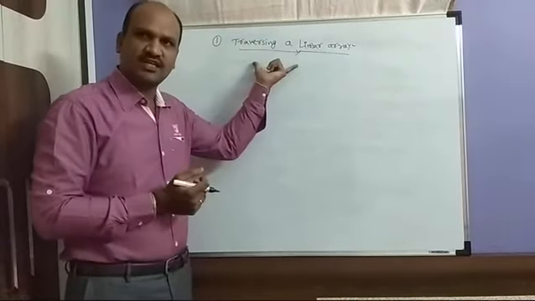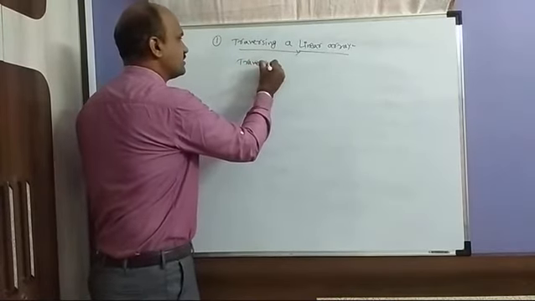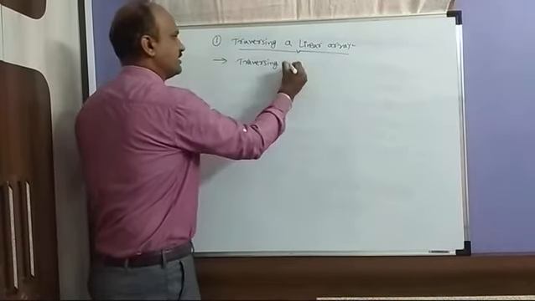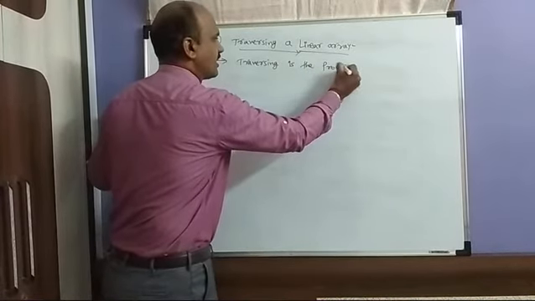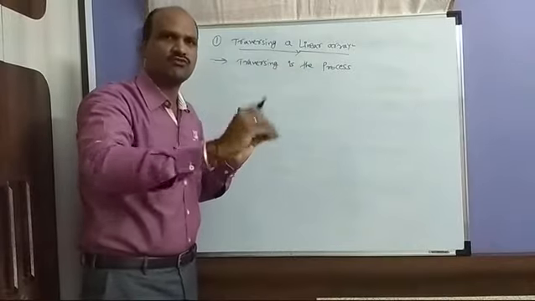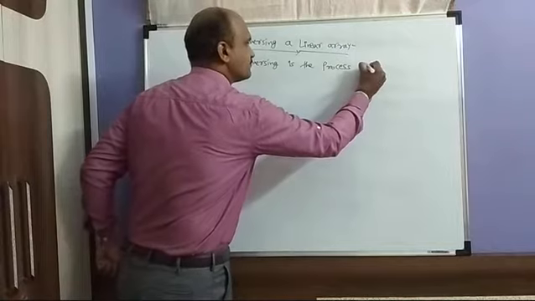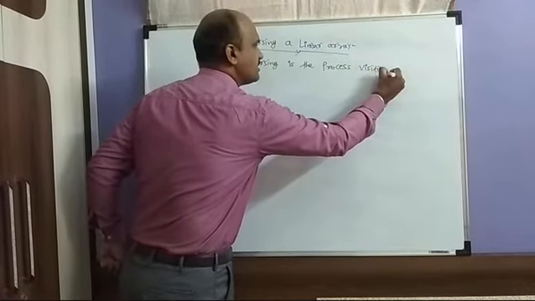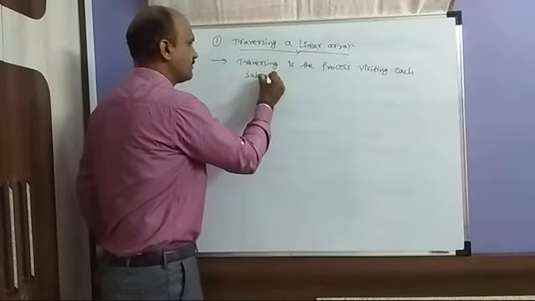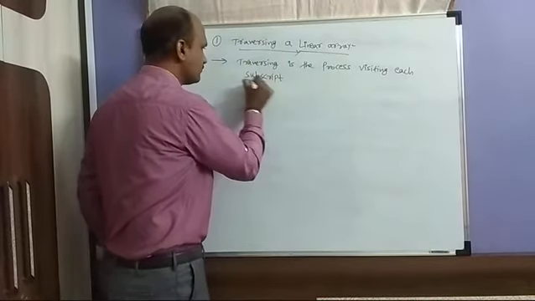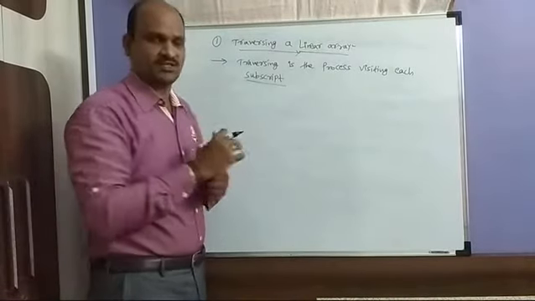So what the definition tells is traversing is the process of visiting each subscript in the array. We call it subscript. So each subscript it has to visit at least once.